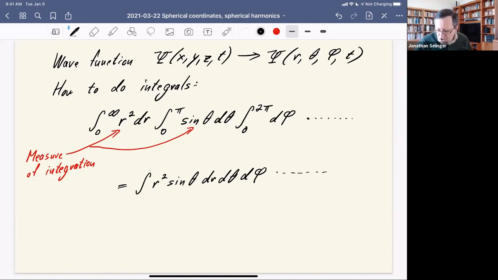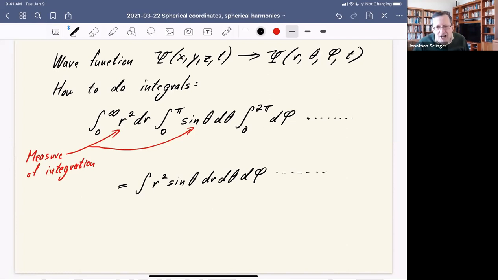Okay. And so this is just a shorter way of writing, which saves space and time by only putting one integral sign there and leaving off the limits of integration. But don't let it fool you.